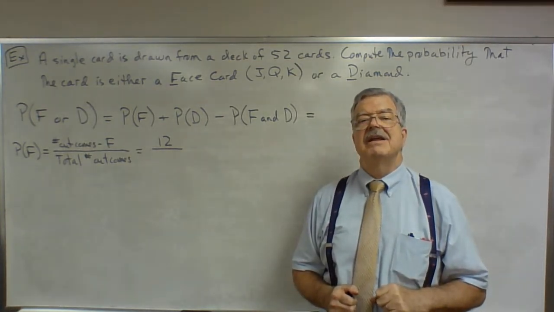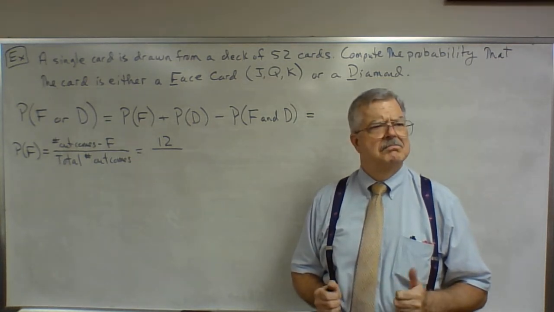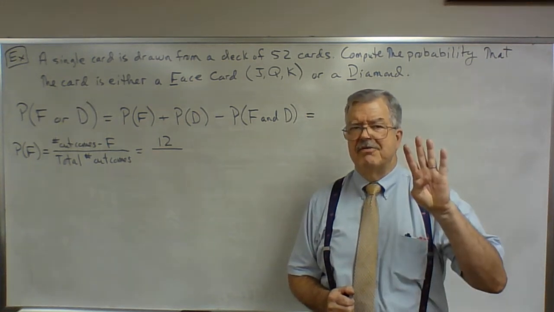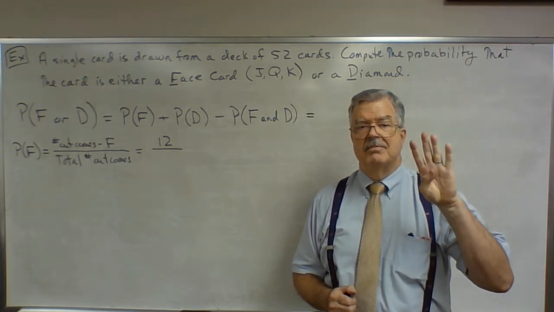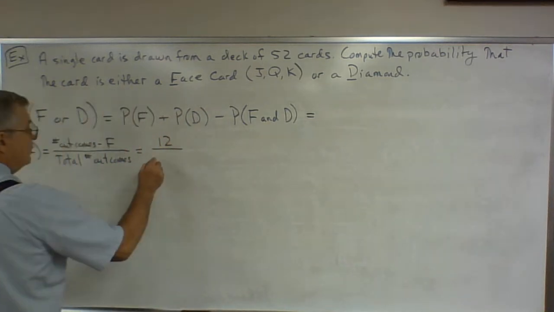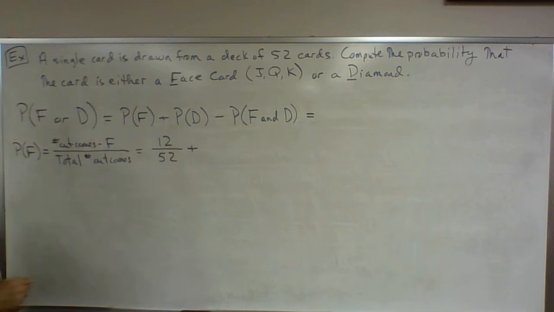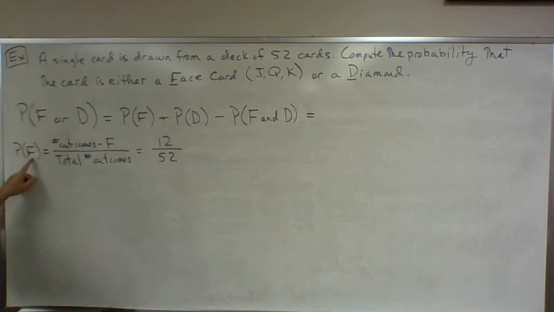Or we can get King of clubs, King of diamonds, King of hearts, King of spades, that's another 4. So 4, 4, 4 gives us 12. Total number of outcomes, there are 52 cards in the deck. So this is the probability that we get a face card.